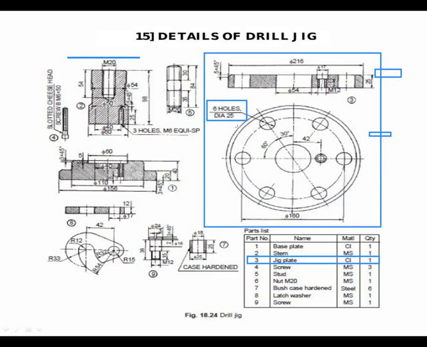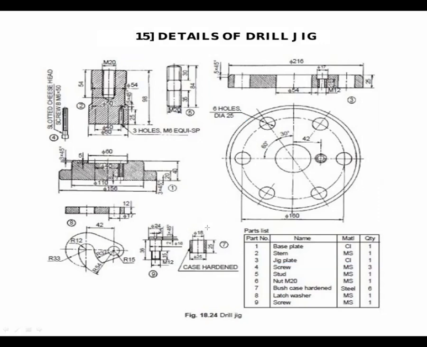In this diagram, 25 diameter is provided. 6 holes are there. So you have to mark all the 6 holes in proper angle, in proper place. This is one of the main components, jig plate made up of cast iron with quantity 1.